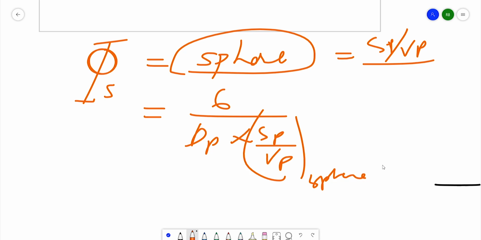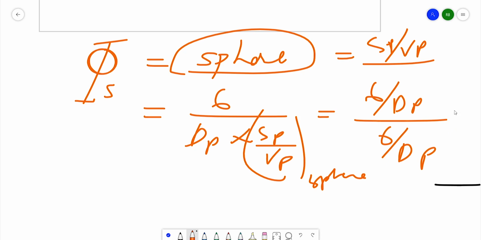We want to calculate the sphericity of a sphere, so Sp by Vp of a sphere will definitely be 6 by dp. So it is 1. The sphere is exactly a sphere, so that's why the sphericity is 1.